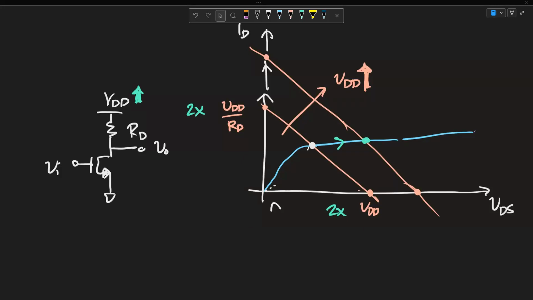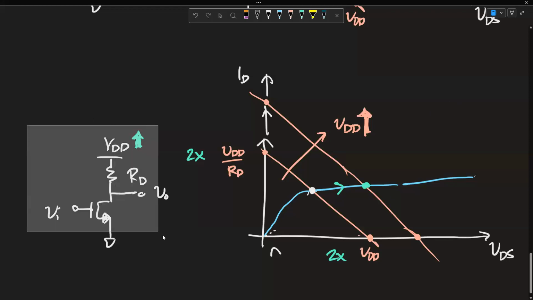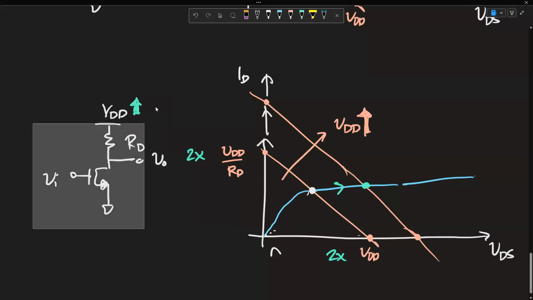But Module 6 is not part of the midterms. Okay, so any questions about this so far? So basically, that's the concept of the load line in terms of the common source MOSFET amplifier.